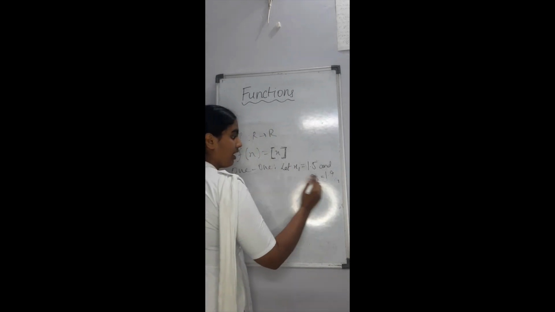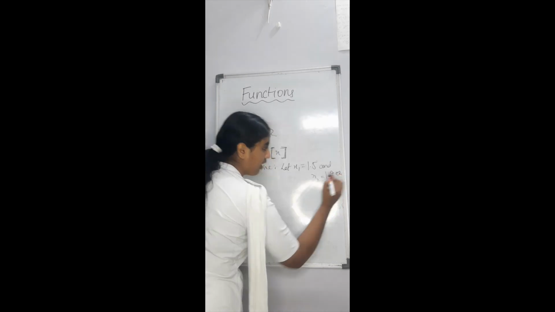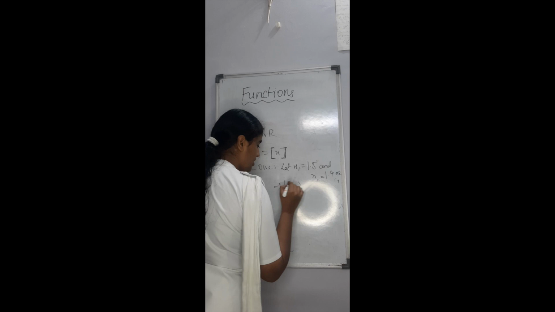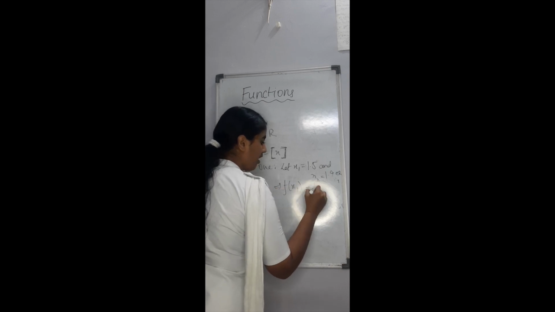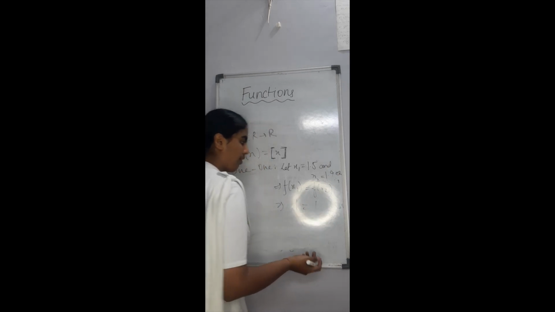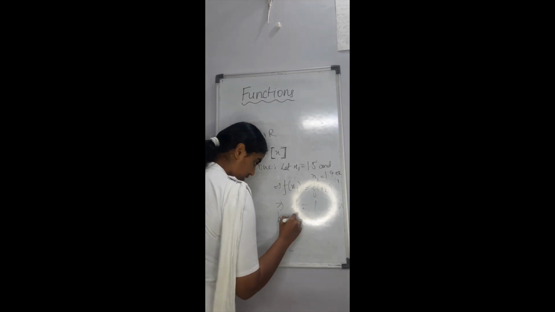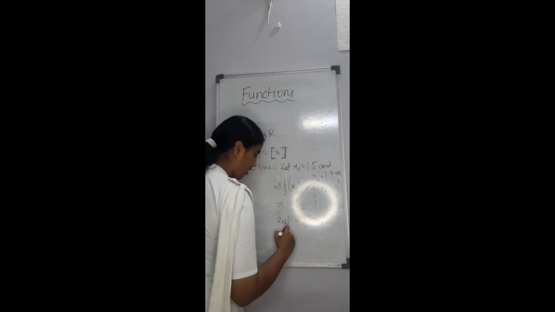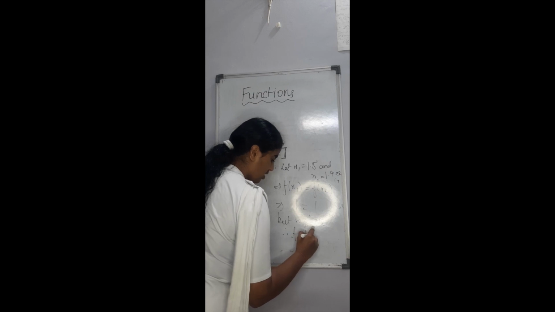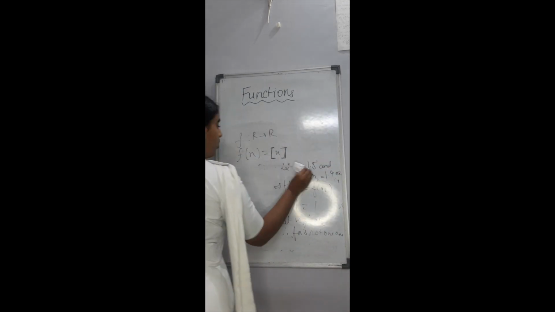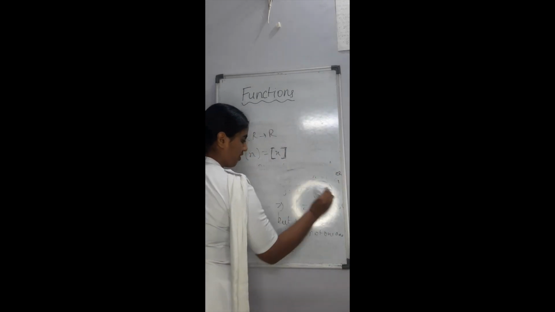Now if we let them belong to R, then f of x1 equals f of x2, right? Both have the answer 1. But x1 is not equal to x2. Therefore, function is not 1-1. That is all about how we prove the injectivity of the function.